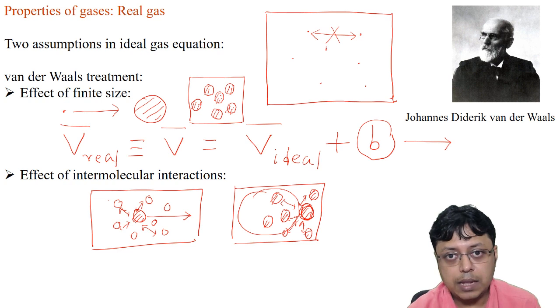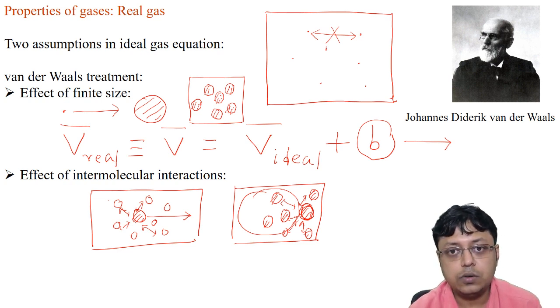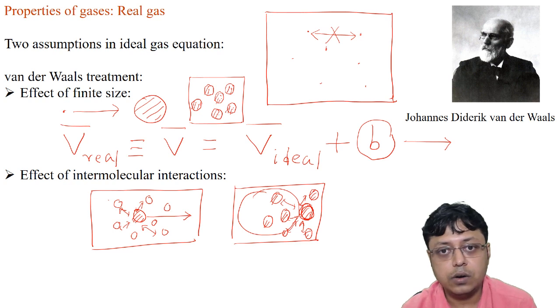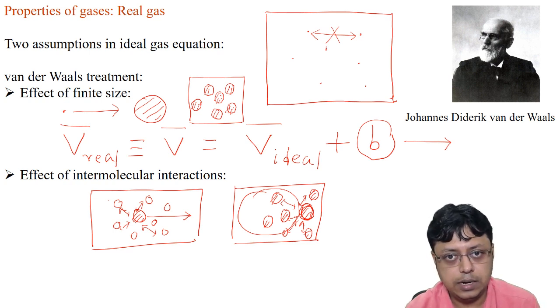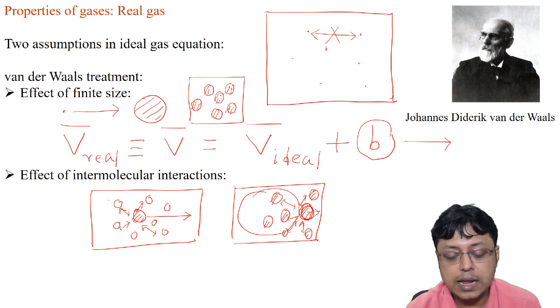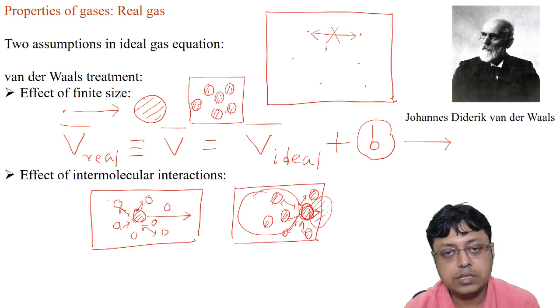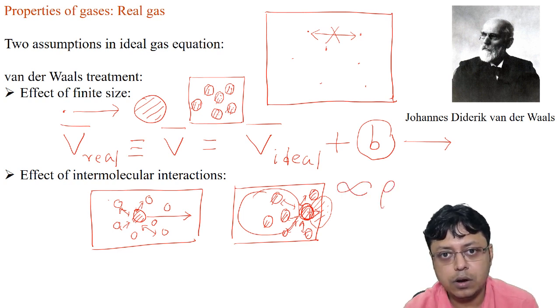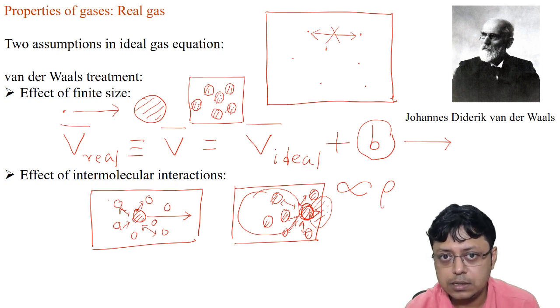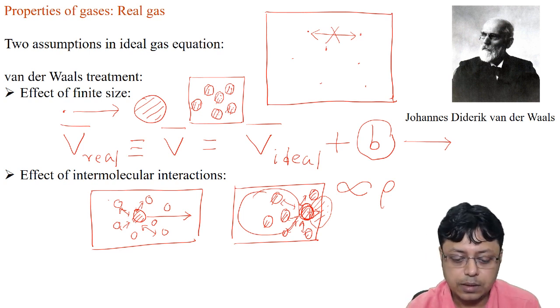Now we can formulate it mathematically. In order to understand that, let us consider what factors this pressure will depend on. The definition of pressure is force per unit area, which means it will depend on how many molecules are hitting a surface of unit area per unit time. This number is of course proportional to the density of the molecules, or how many moles of molecules are present per unit volume.